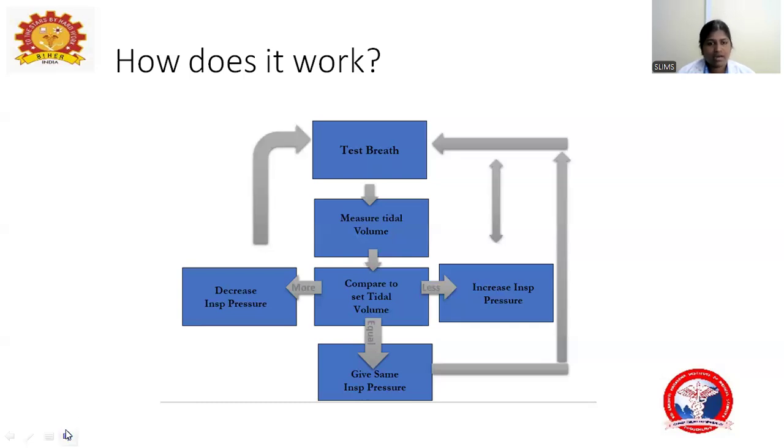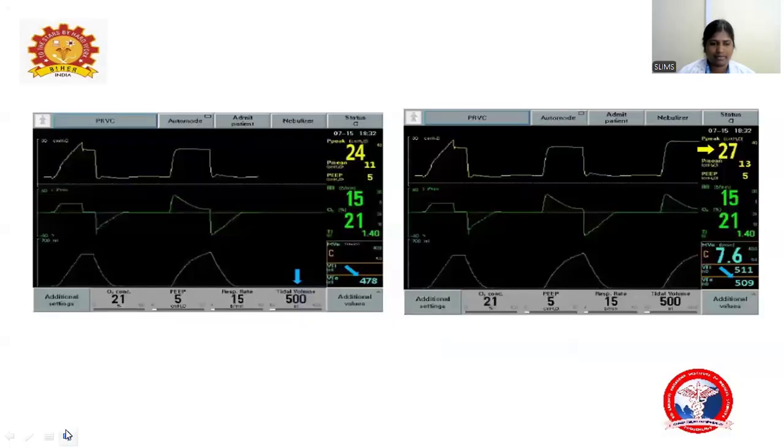It will analyze the volume of each breath and deliver the pressure based on that. So this graph is shown. This graph shows the tidal volume that is set for this patient, that is 500, and the test breath is given.